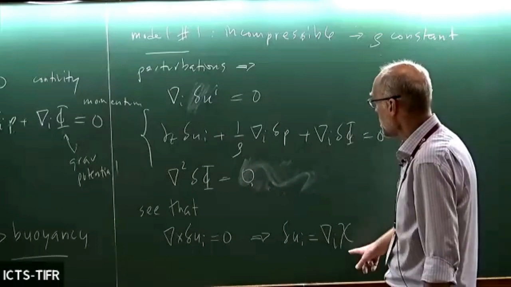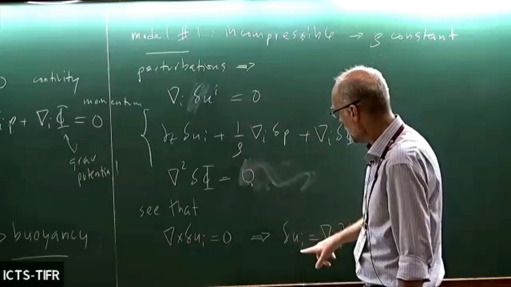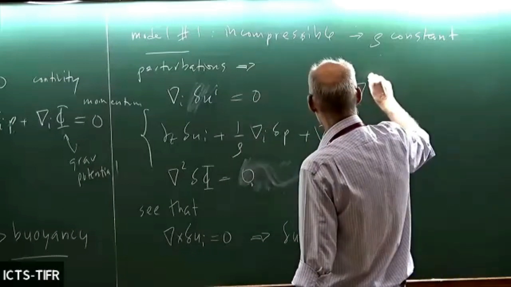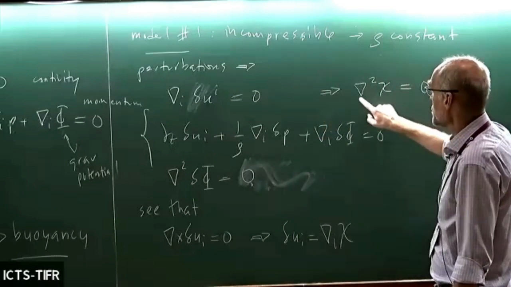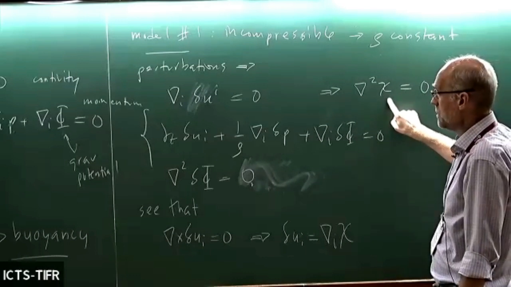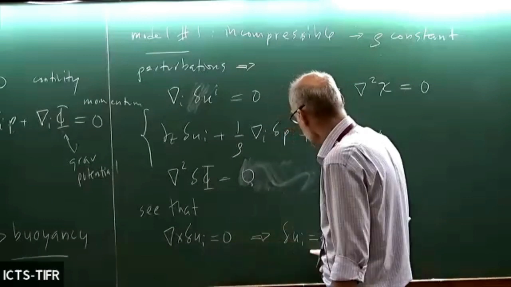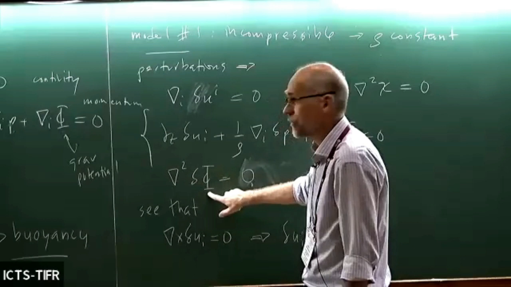And then you plug this in here. Then you see up here that this chi is a solution to the Laplace equation. This is a gradient now. This is a solution to the Laplace equation.